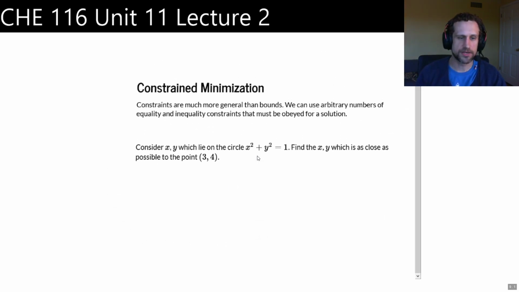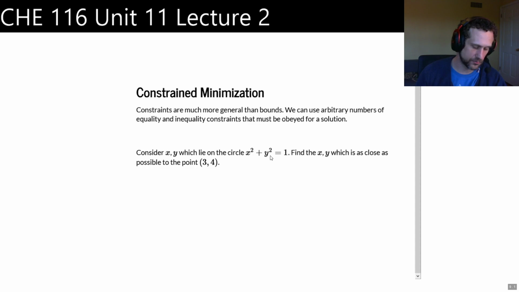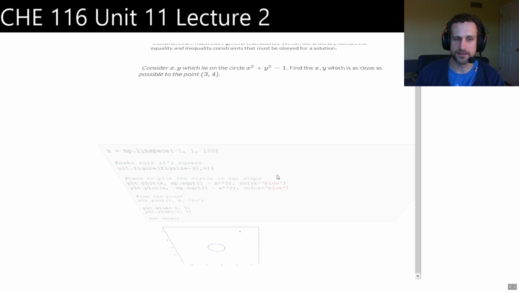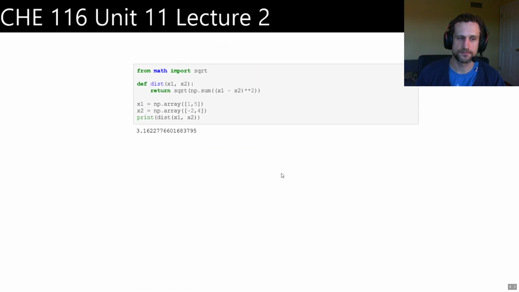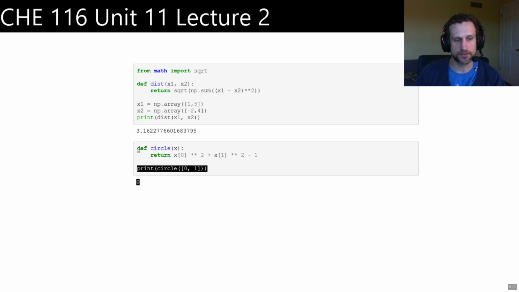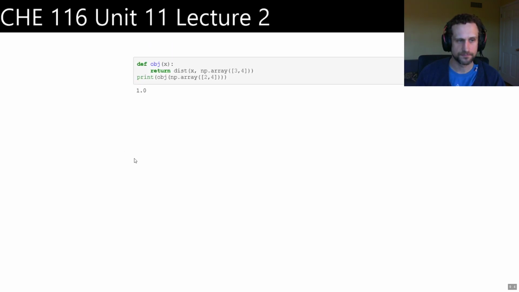So although my equation here is that x squared plus y squared equals 1, Python only will allow me to pass in constraints where they equal 0. So to rearrange my equation so that it has to be equal to 0, I just make it x squared plus y squared minus 1 equals 0. So that's the only way Python takes in constraints, is that they equal 0. So I rewrote this to be x squared plus y squared minus 1. Now this expression will equal 0 when I'm on my circle.